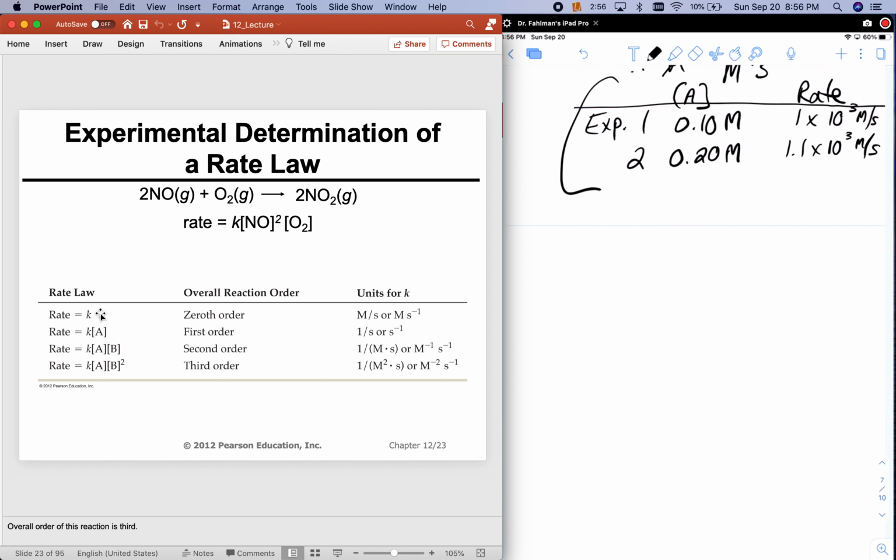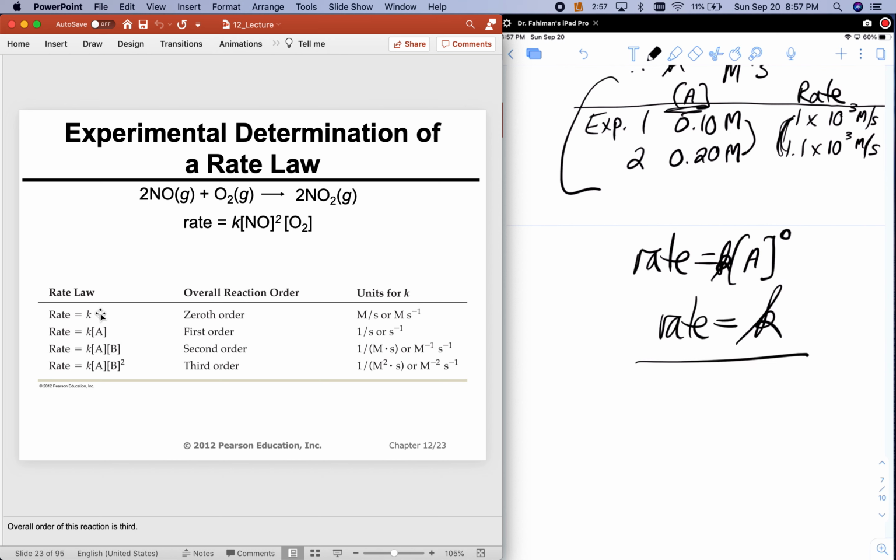In this data set, you only have one reactant, so the rate law is some rate constant times that. If you're doubling A, the rate does not double or triple; it stays very close to the same. So the rate does not depend on A. It's 0th order, in other words, rate is just equal to the rate constant. Concentration doesn't even appear.